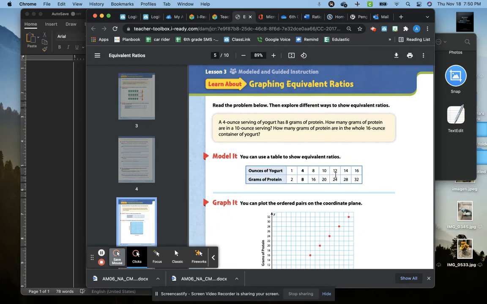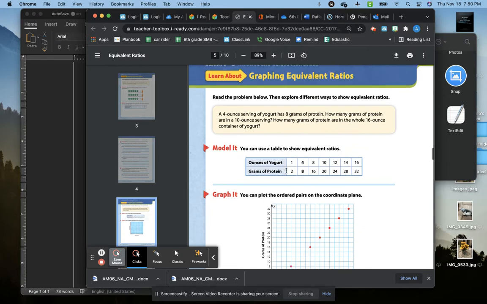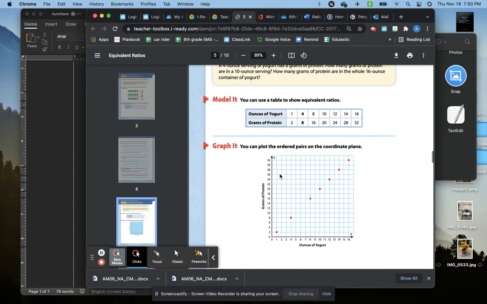So these give you your equivalent ratios, but they also give you an ordered pair. So you can look down here at the graph. If your ounces of yogurt are on your x-axis and your grams of protein are on the y-axis, you can use these ratios as ordered pairs.